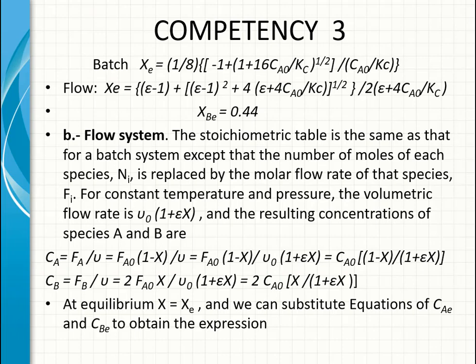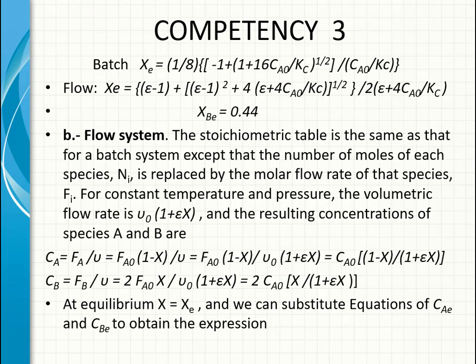For constant temperature and pressure, the volumetric flow rate v is equal to v0 times 1 plus epsilon x, and the resulting concentration of species A and B is going to be Ca equal to Fa divided by the volumetric flow rate v, but Fa is equal to Fa0 times 1 minus x, and v is equal to v0 times 1 plus epsilon x.